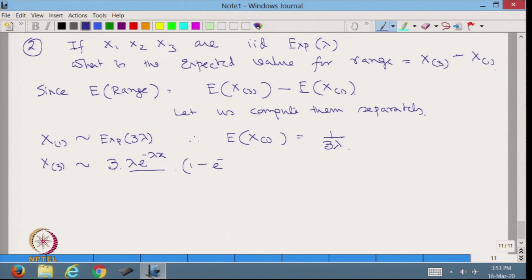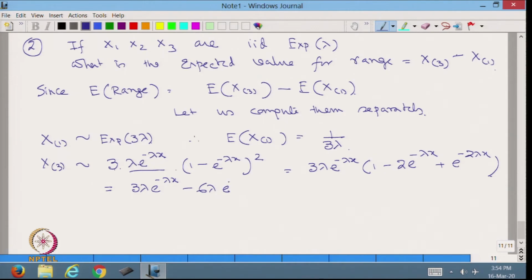Therefore, (1 minus e to the power minus lambda x) whole square is equal to 3 lambda e to the power minus lambda x into (1 minus 2 e to the power minus lambda x plus e to the power minus 2 lambda x), which is equal to 3 lambda e to the power minus lambda x minus 6 lambda e to the power minus 2 lambda x plus 3 lambda e to the power minus 3 lambda x.